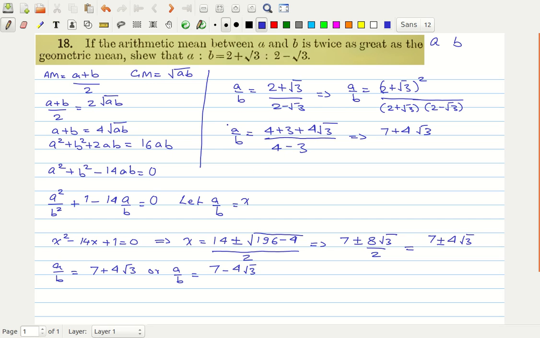So we see that our A by B is actually equal to one of the values that we are getting from here, which is over here.